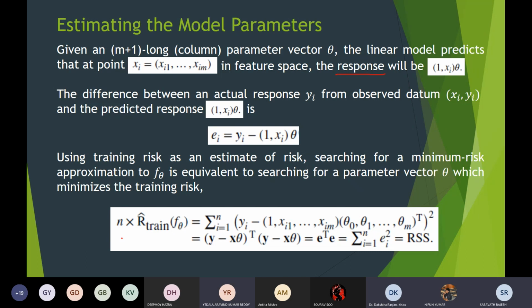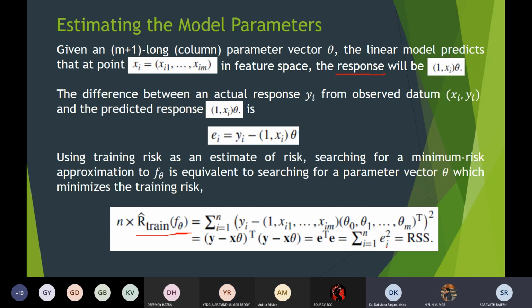Now this training risk can be defined by n into R train of theta. So this is the training risk for n dimensional data. N dimensional data means we will take the sum of the squared distances, so here yi minus 1 comma xi1 to xim, multiplied by the transpose of the model parameters theta 0 to theta m.